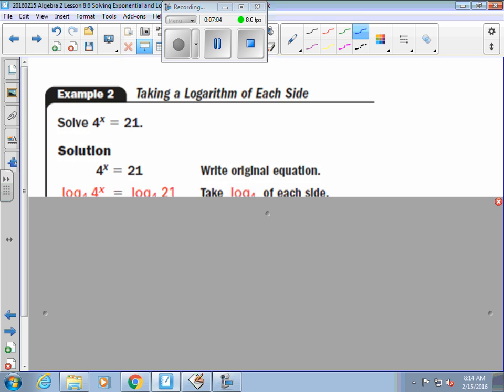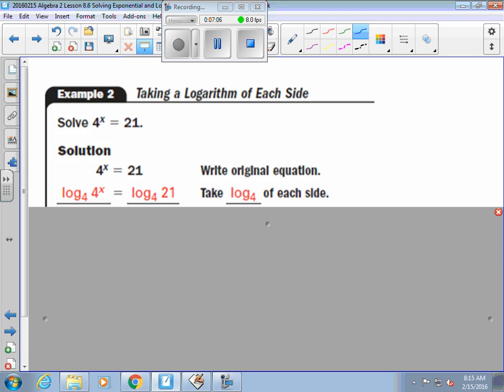Write the original equation. And then, since the variable is on the left side, and it says 4 to the x, you want to take the logarithm base 4 of that side. Whatever that says, since it says 4 to the x, that's the reason we take the logarithm base 4.